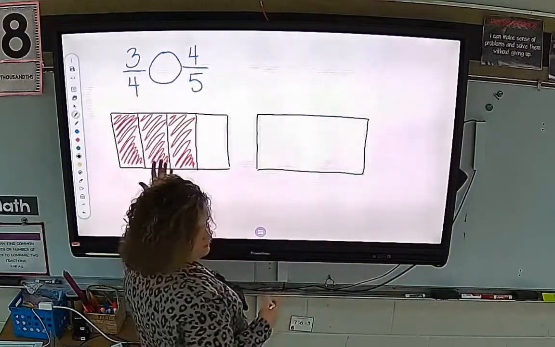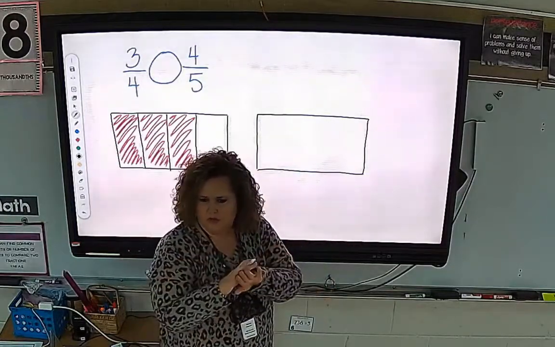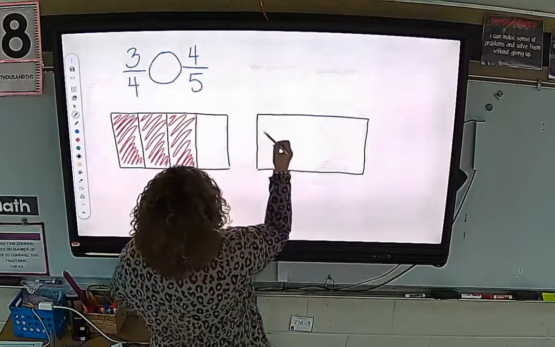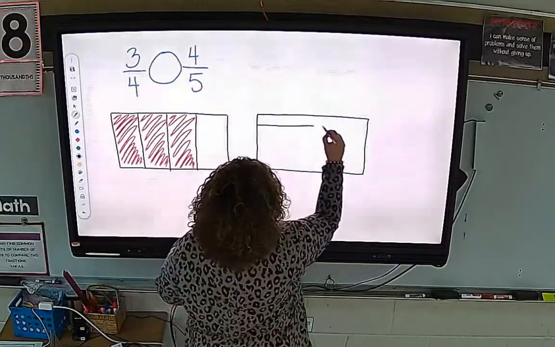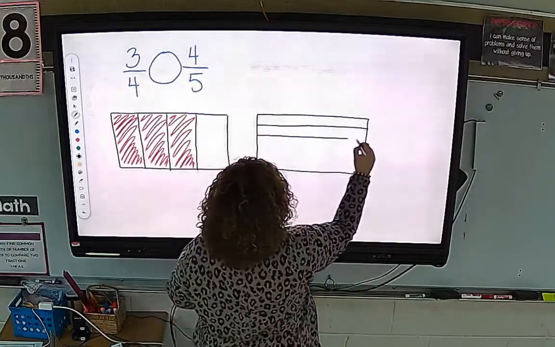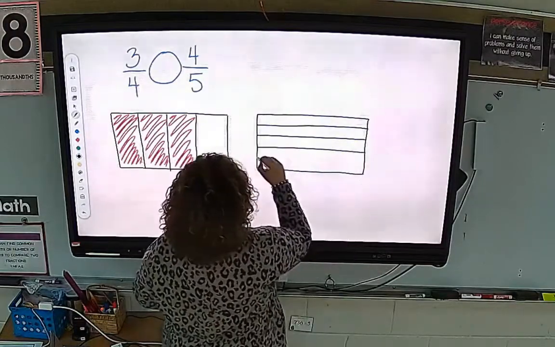I could have cut this one horizontally and this one vertically. That doesn't really matter. I'm trying to show 2 different fractions, so I'm cutting it a little different. So I need this one in how many pieces? 5 pieces on this one. 4 of them will be shaded.